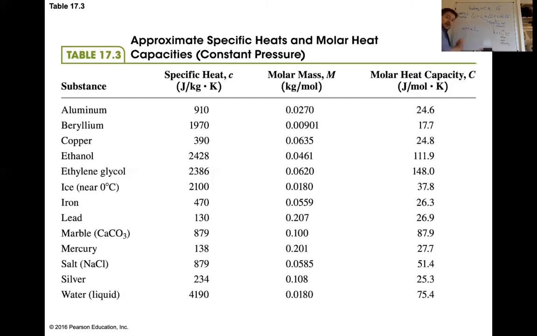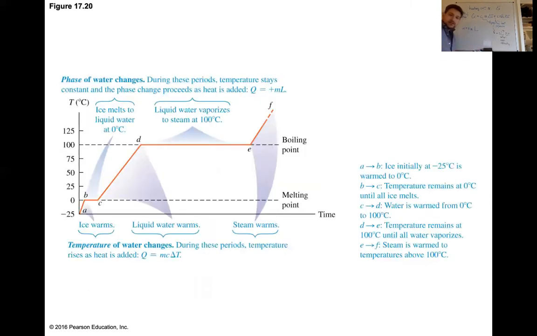So it's up to us to keep track of whether that's positive or negative, and up to us to keep track of which phase change we're talking about. And I didn't even include the table. There's a table in the book of latent heats of phase change, vaporization, and fusion.